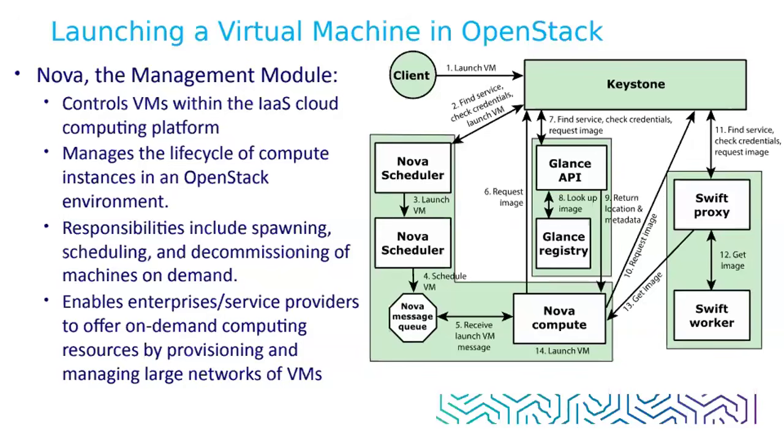Nova acts like the compute manager for OpenStack, handling all the operations related to virtual machines. Whenever a user requests a new virtual server, Nova will perform the required management task.